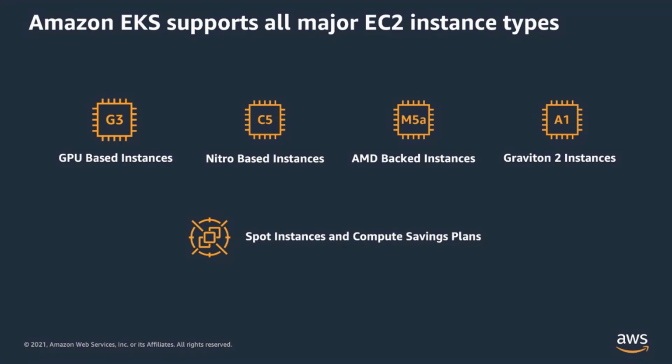Nitro-based instances enable security features such as security groups for pods, where you can apply fine-grained access controls between services at the pod level. Customers can further choose to optimize price performance with AMD or Graviton-based instances. Integration with Spot allows users to further optimize cost and leverage heavily discounted compute capacity.